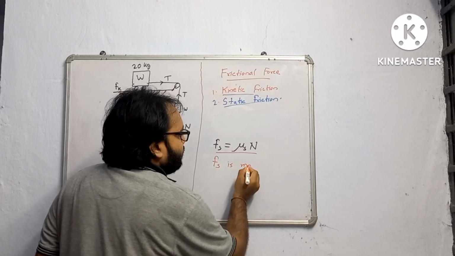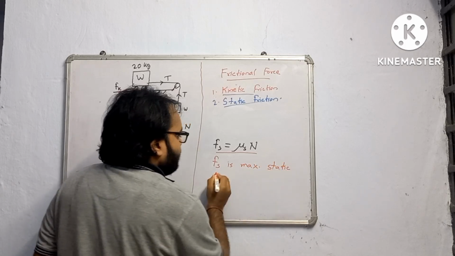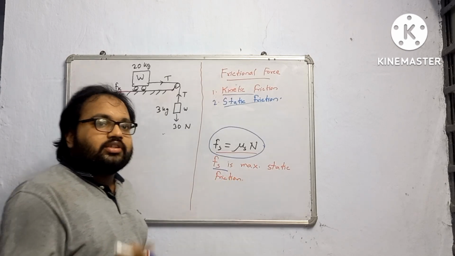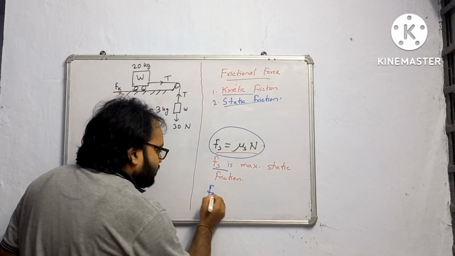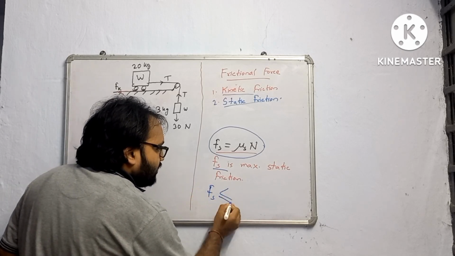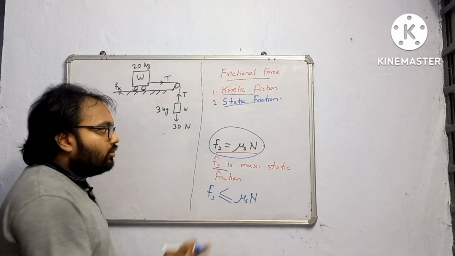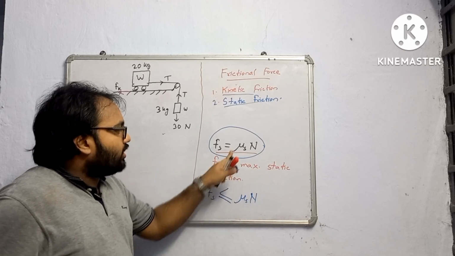Fs is the maximum static friction. Static friction changes; it increases. That means Fs is less than or equal to mu s N. Remember this: in this case Fs is the maximum static friction.